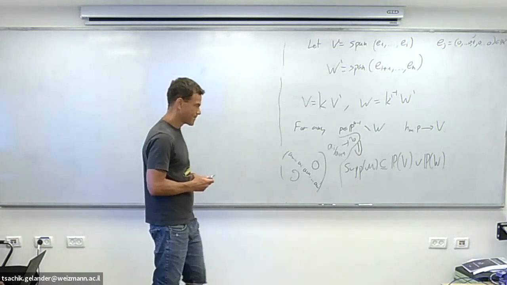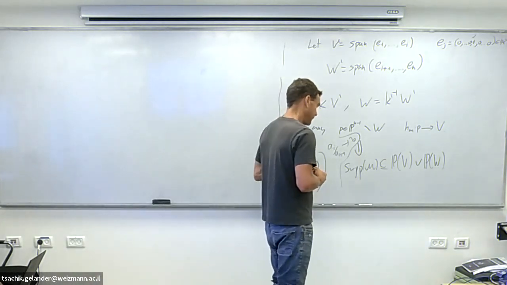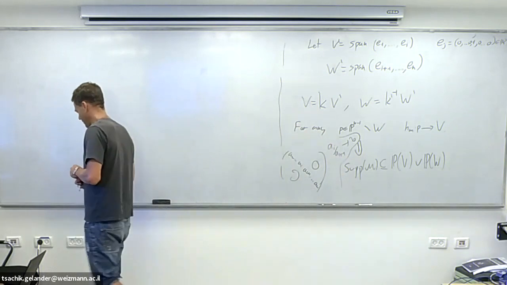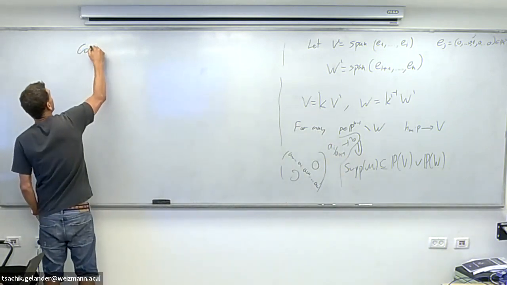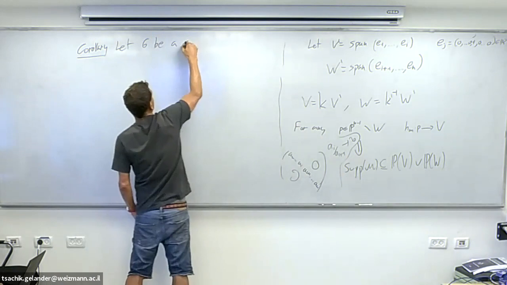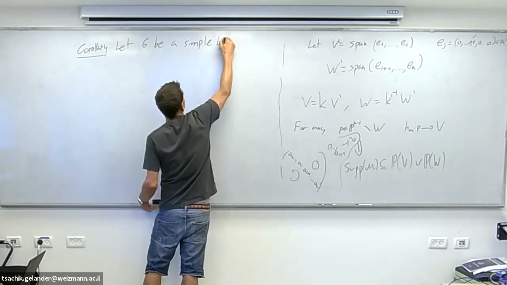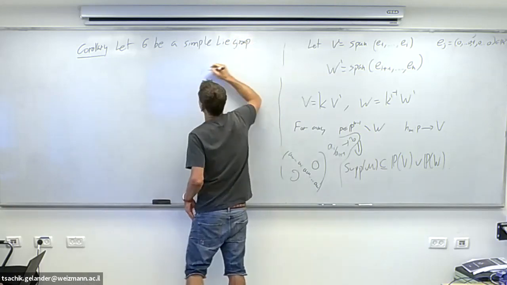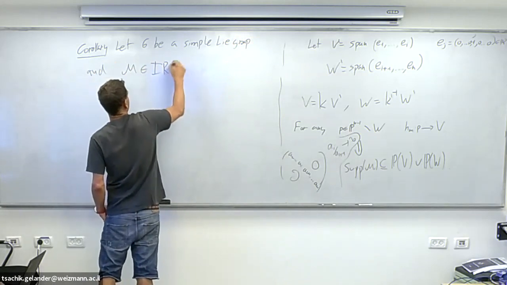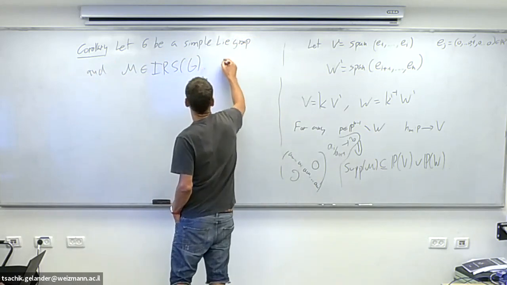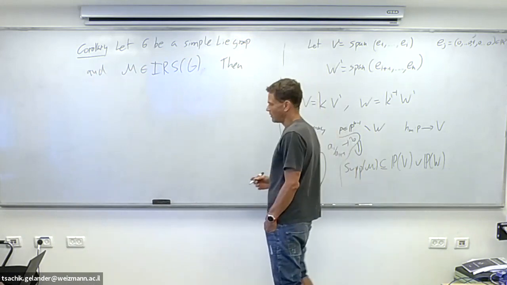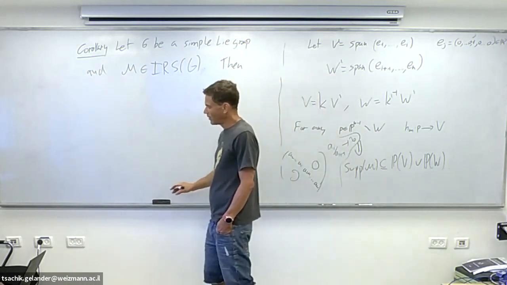Suppose G is a simple Lie group and mu is an IRS.